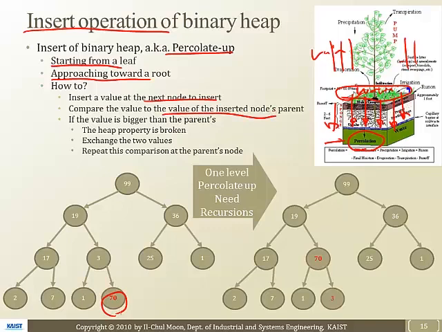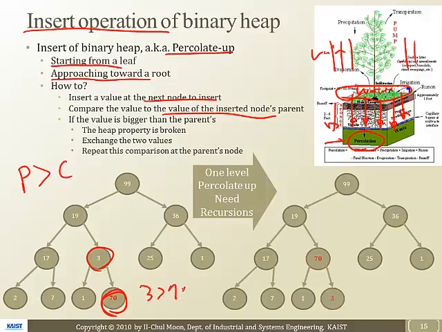So compare this node value to the parent node's value. The heap property is that the parent value is always bigger than the child value. That's the max heap property, right? And then let's compare it.